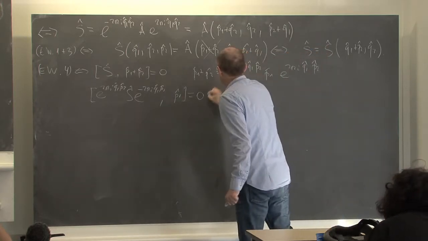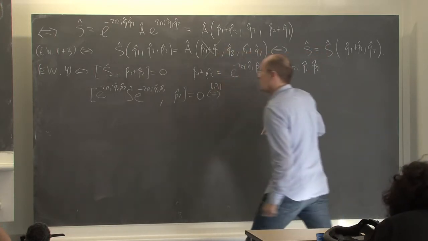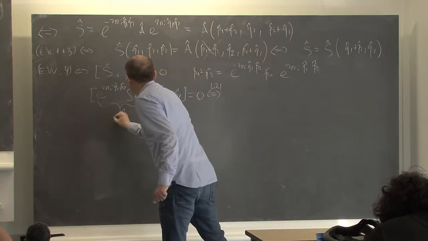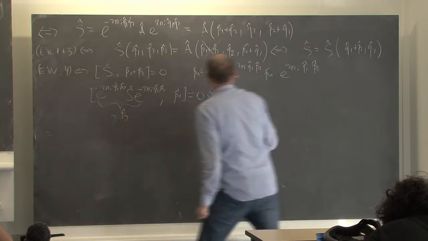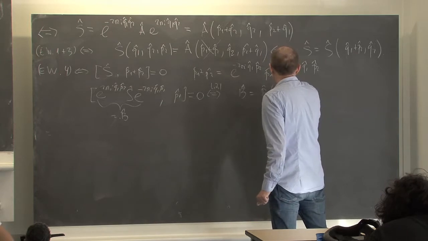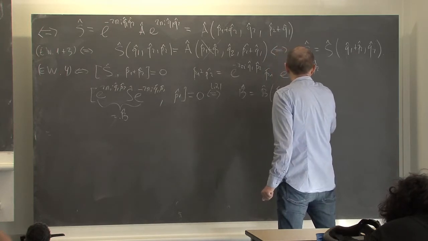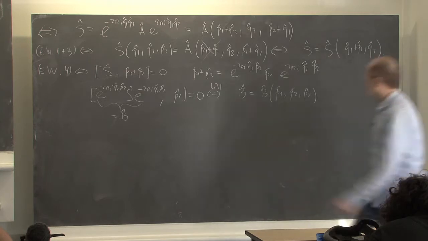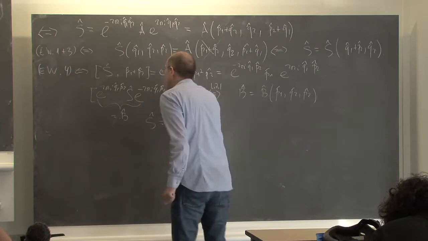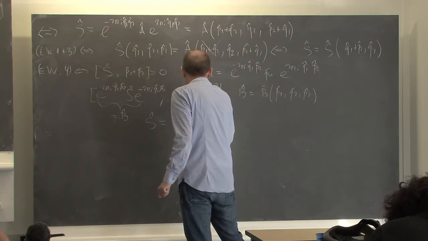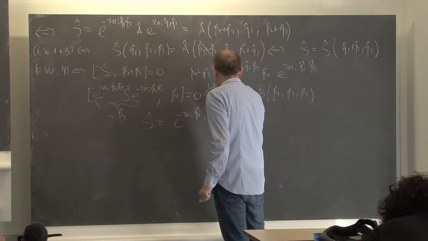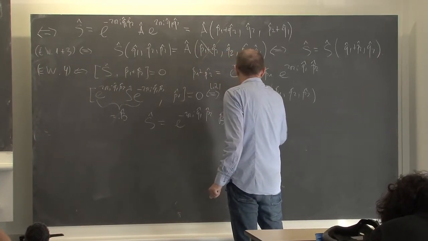So which is equivalent by lemma 7.1 to, let me call this B, notation just B hat becomes a function of only P1 and Q2, P2. Right? We conjugate it back. So S hat becomes E2 minus 2 pi I Q1 hat P2 B hat E 2 pi I Q1 hat P2.